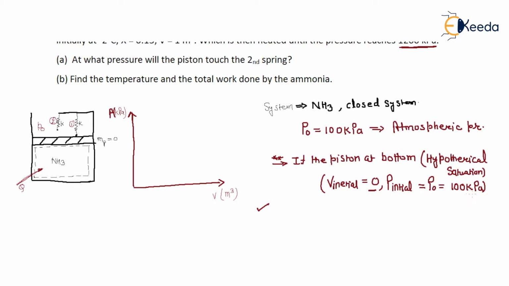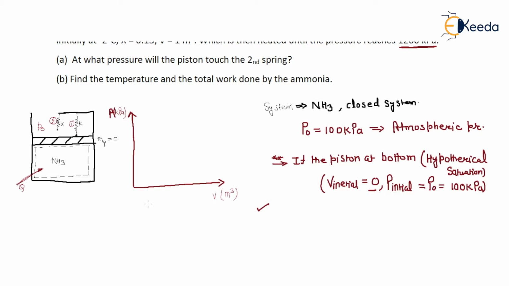My dear friends, in this condition, because there is no fluid when the initial volume is 0, why do we assume the initial pressure is 100 kilopascal? Because when the volume is 0, there is no system, no fluid inside. So you have to consider a limiting volume V tending to 0.